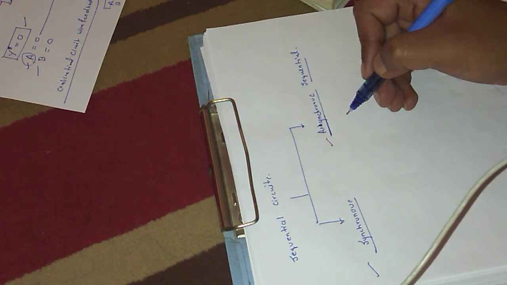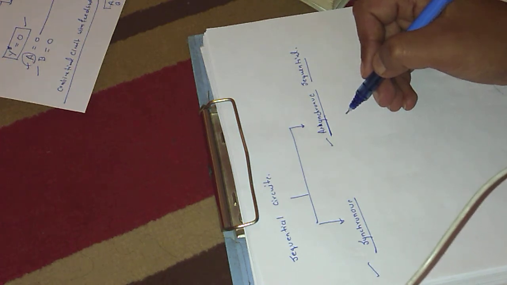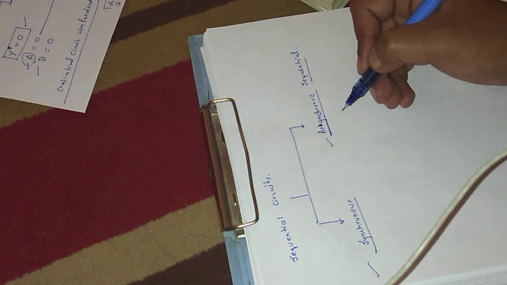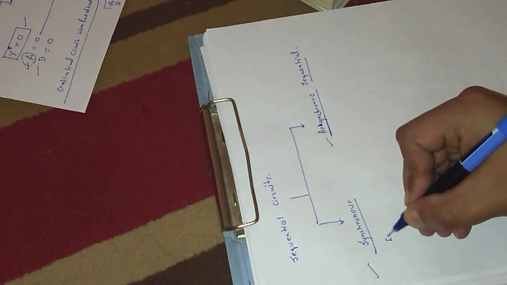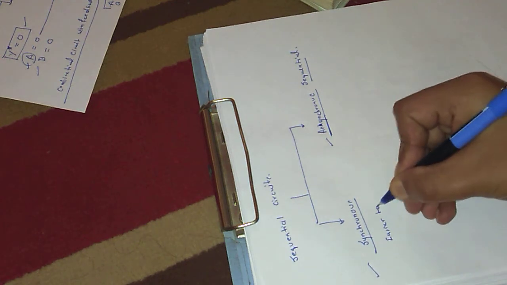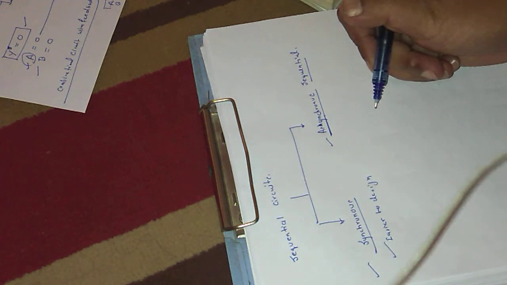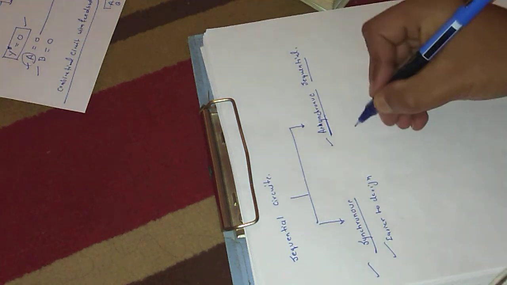In an asynchronous sequential circuit, a change in input signal can affect memory elements at any instant of time. So the synchronous sequential circuit is easier to design, but the asynchronous sequential circuit is more difficult to design.